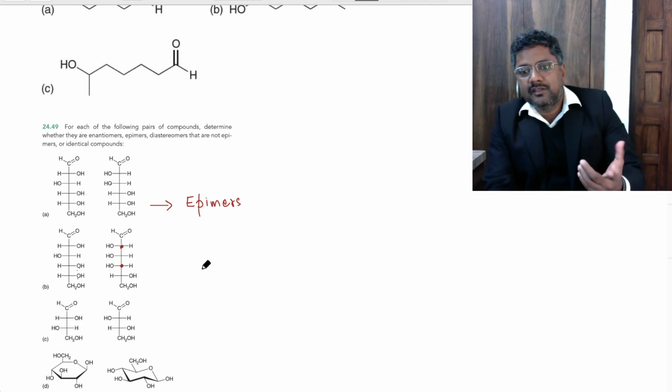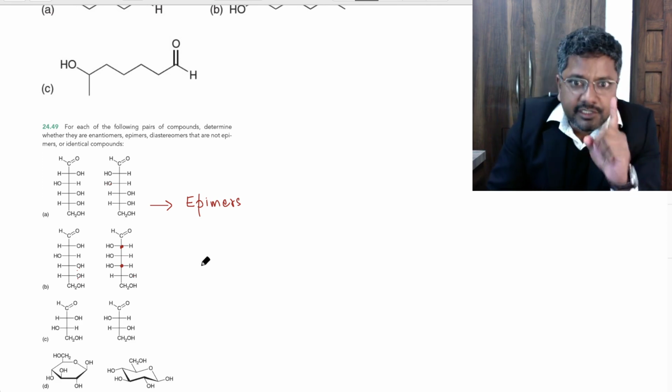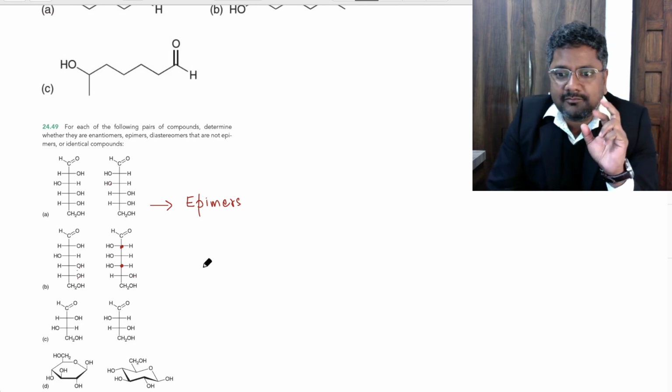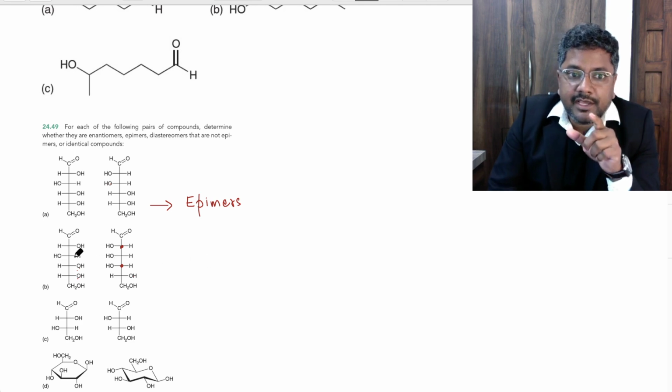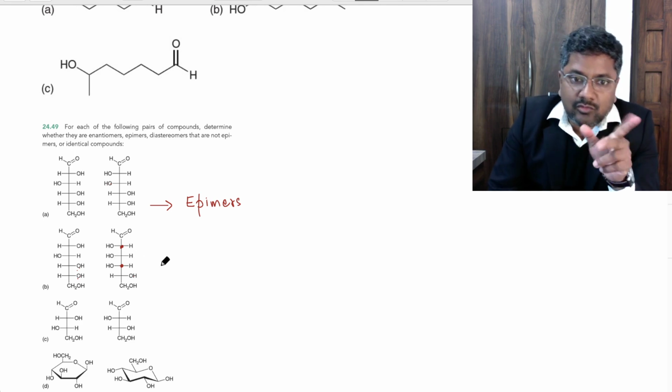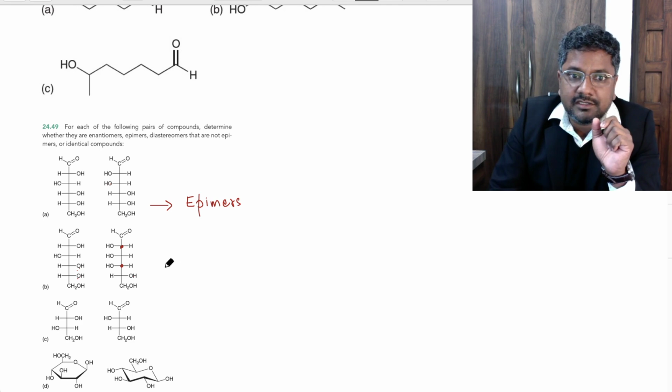Now tell me, is it included in the definition of epimer? No. In epimers, only one carbon orientation is different. Here, two carbon OH orientations are different, so they are diastereomers.